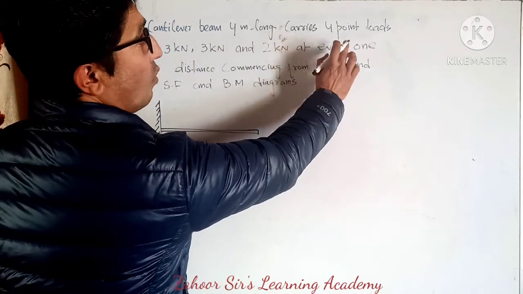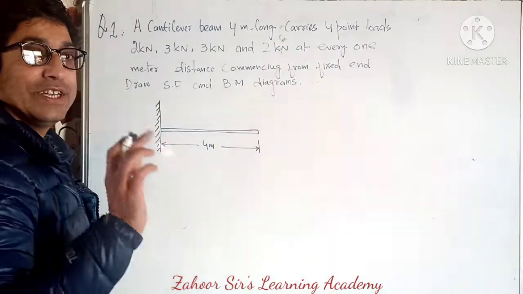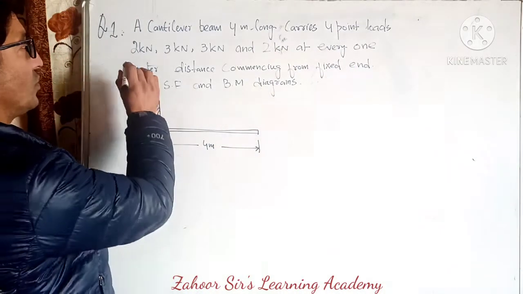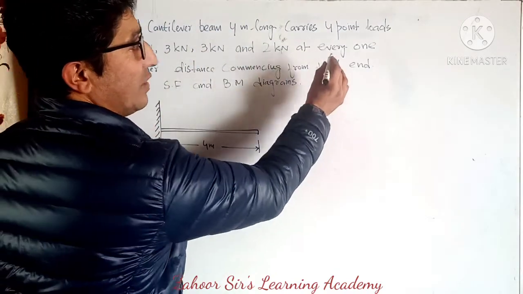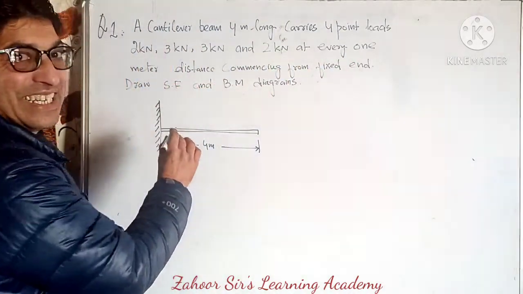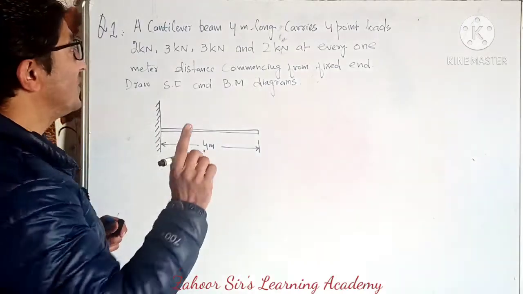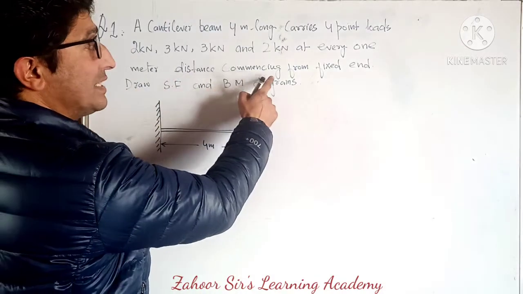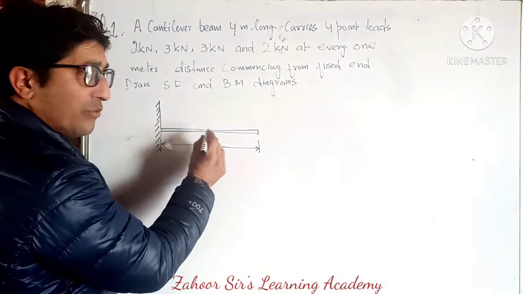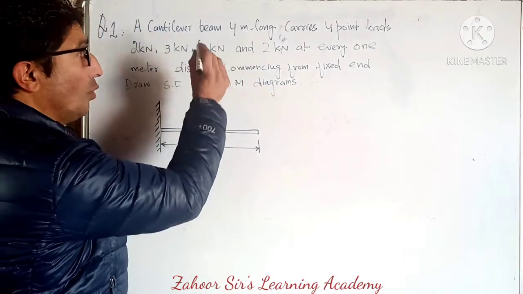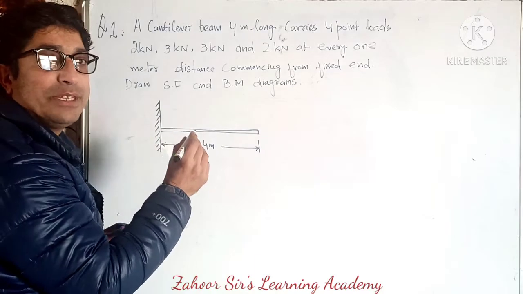It carries 4 point loads: 2 kilonewton, 3 kilonewton, 3 kilonewton and 2 kilonewton, at every 1 meter distance commencing from the fixed end. So this is the fixed end, and every load is at a 1 meter distance.